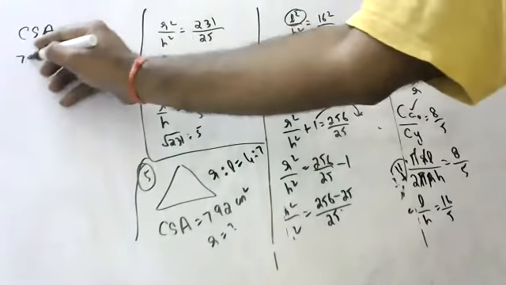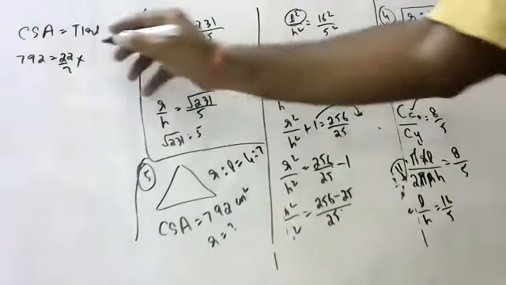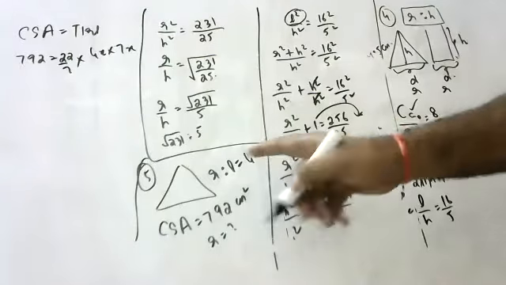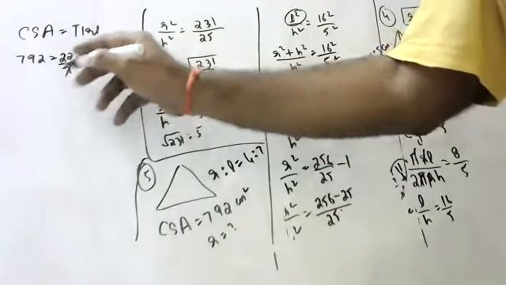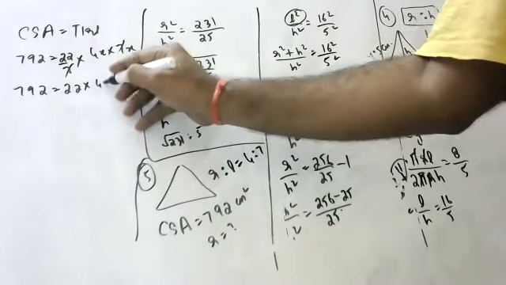792 equals 22 by 7 into R, which is 4x, into L, which is 7x. 792 is equal to 22 into 4x.